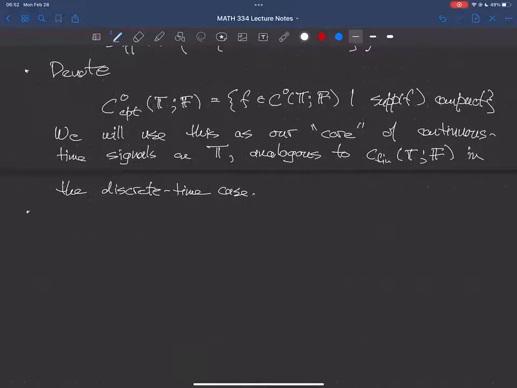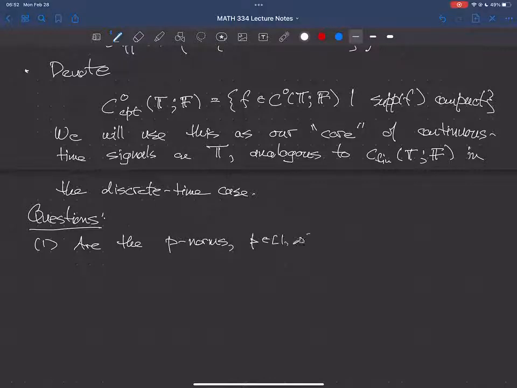So, questions. Is it actually true that the P norms are well defined on this space?